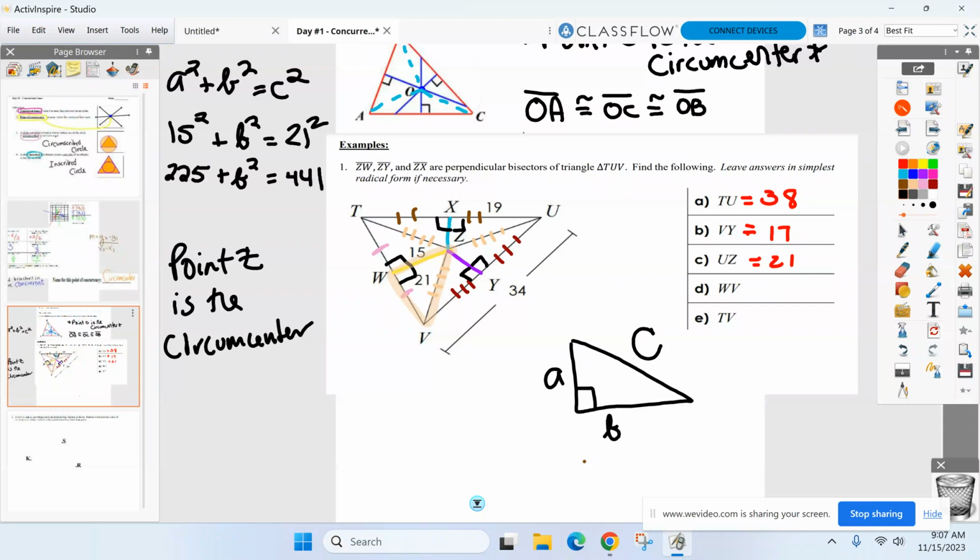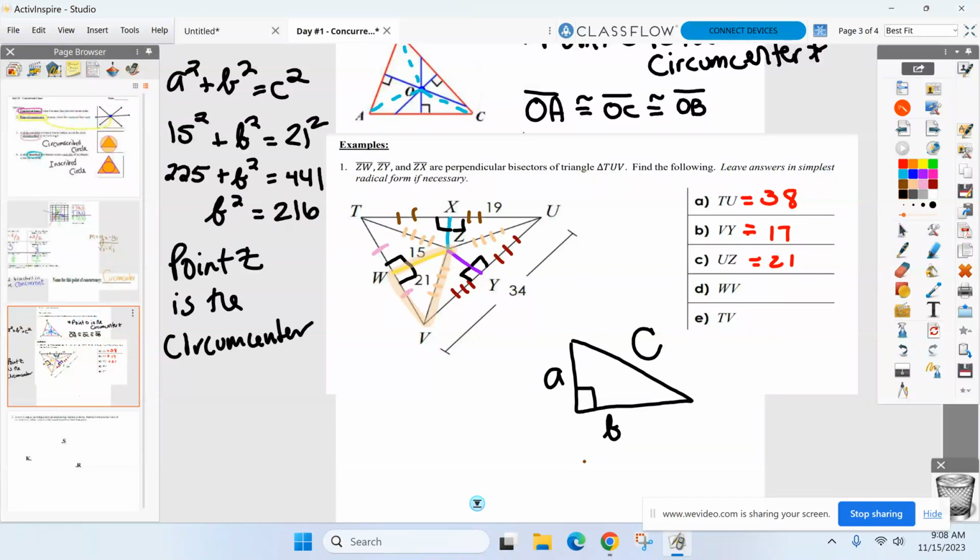You tell me what to do next. Remember, I'm trying to get B by itself. So how do I get rid of that 225? Subtract it over. Go ahead, everyone. B squared equals 216.